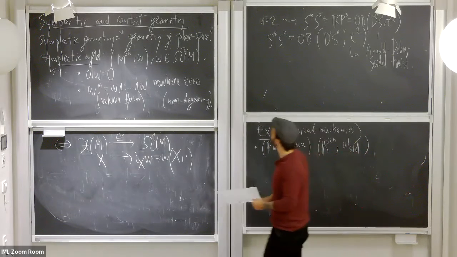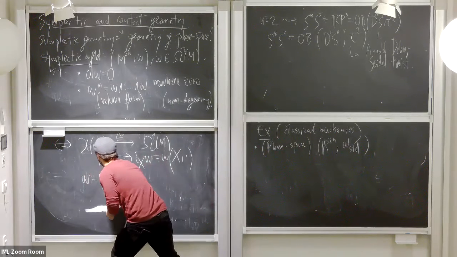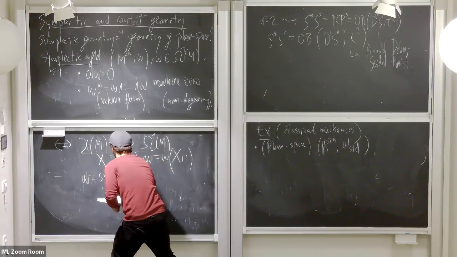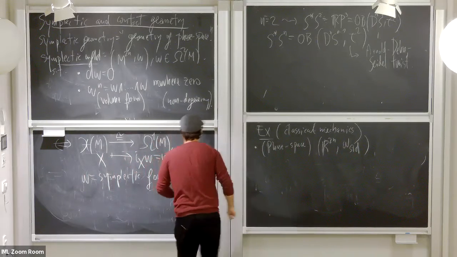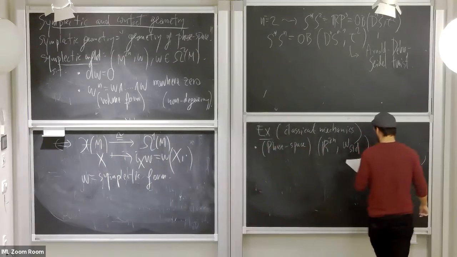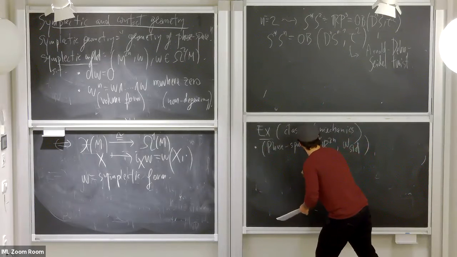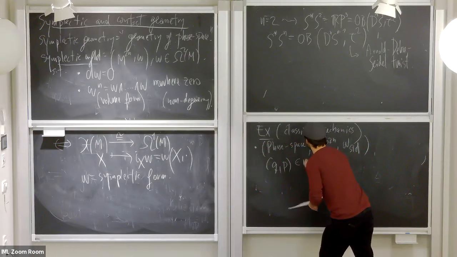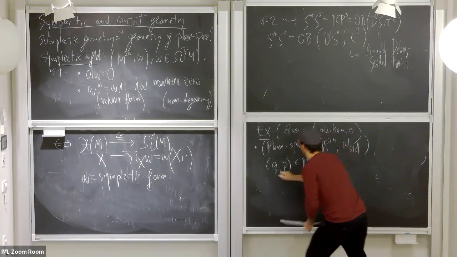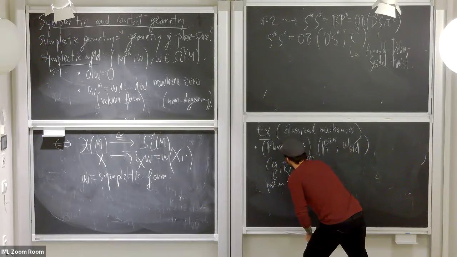I didn't say it, but omega is called the symplectic form. The standard symplectic form on R^2n is defined by, well, you take (q,p), which are the coordinates on R^2n. This is position, and this is momenta.